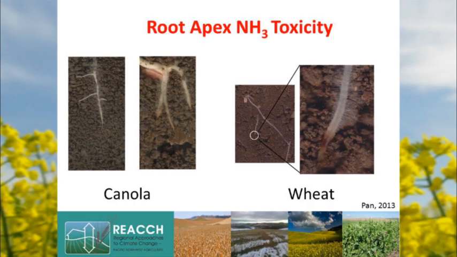This is work that was done in our lab, which shows how the taproot that comes down from canola can actually exhibit ammonia toxicity if it runs into that band. And that can affect the root development after that. It's not like wheat, where it has that fibrous structure. So that's also important.